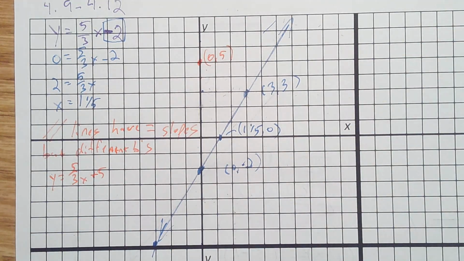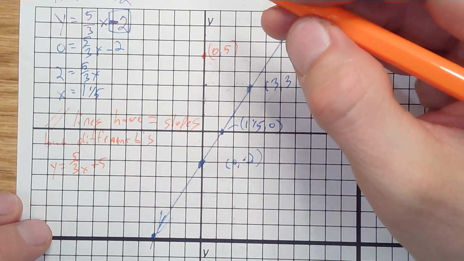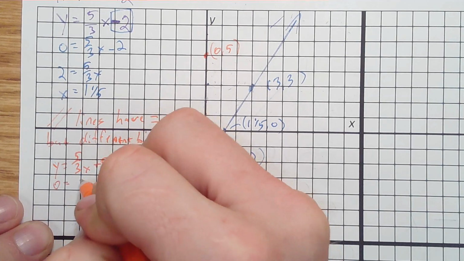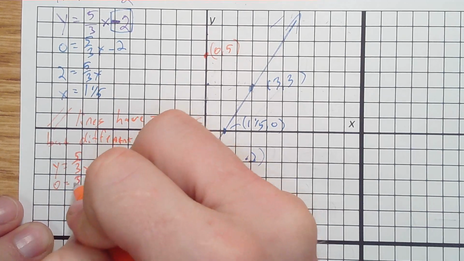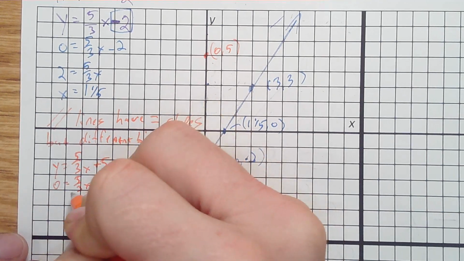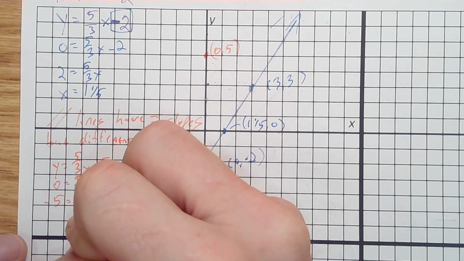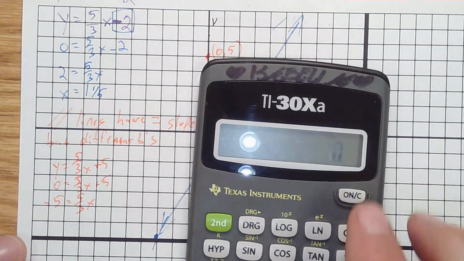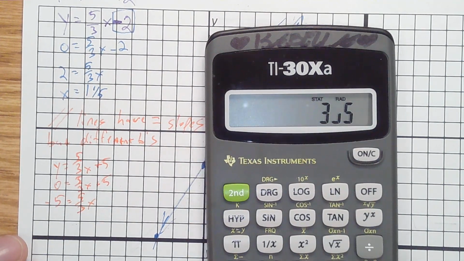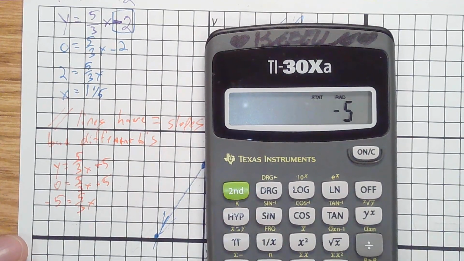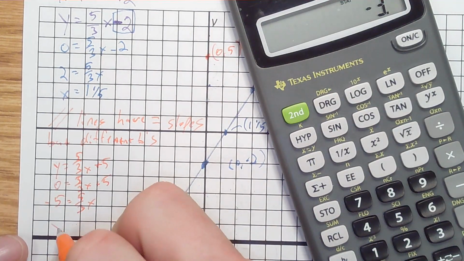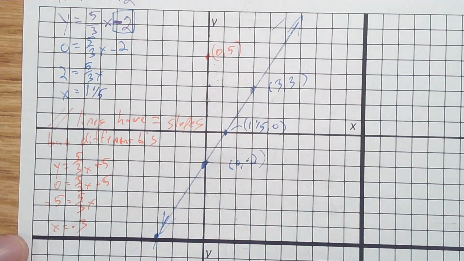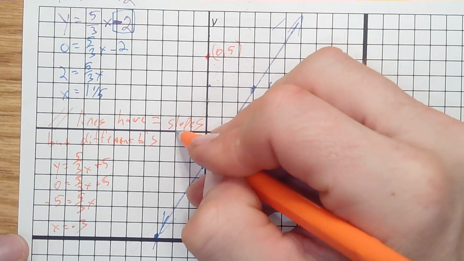So now, what's my new x-intercept? 0 equals 5 thirds x plus 5. This becomes negative 5 equals 5 thirds x. Multiply both sides by 3/5, and x equals negative 3. All right, so I'm going to go negative 1, 2, 3.